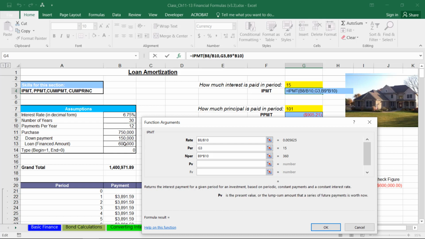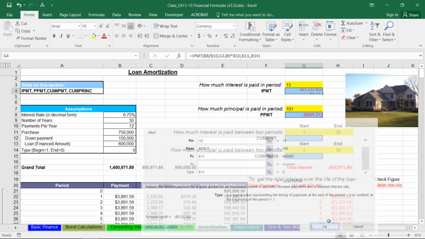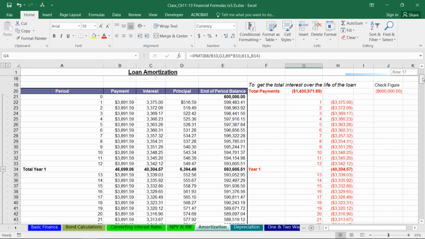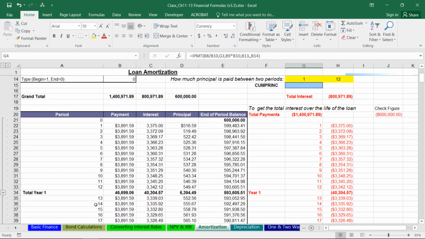The present value is 600,000, no future value. That's optional. And type is optional. In this case, it's going to be 0. So we'll say OK. And it looks like in period 15, we'll be paying interest of $3,332.80. $3,332.80.